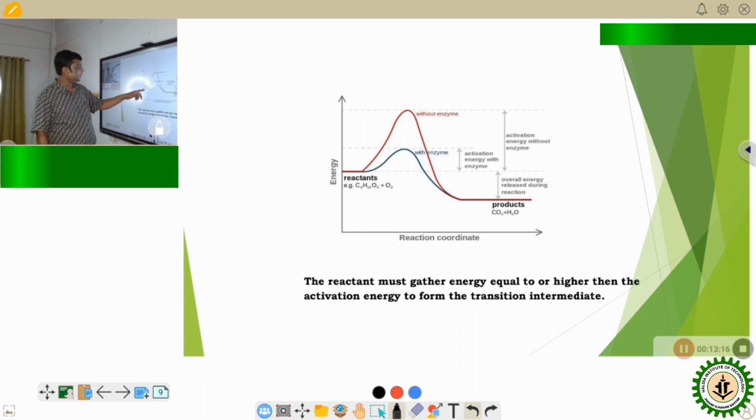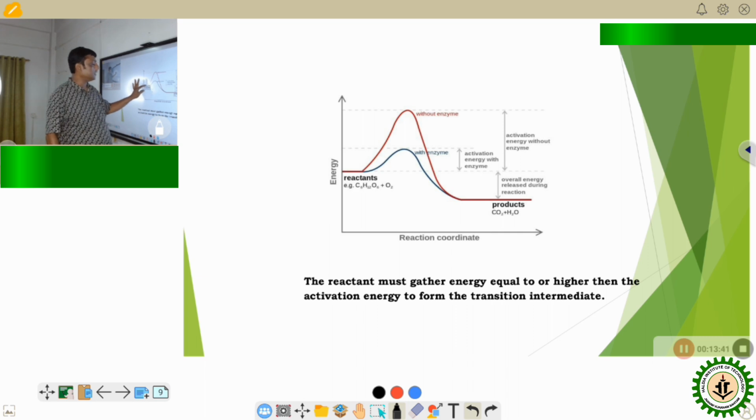In that case, this glucose has some internal energy. Now we are trying to convert the reactants, glucose and oxygen, to carbon dioxide and water. This one is stable and non-reactive, so first we have to excite it. We have to excite this substrate to take part in the reaction.